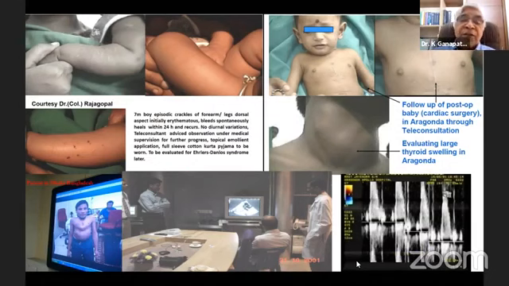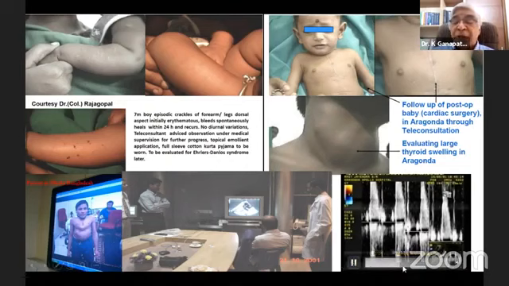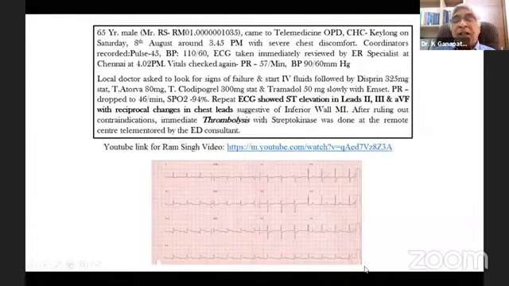And you can see from the village of Aragonda, a trained technician transmitted a pediatric echocardiogram. I'm talking of 2001. Dr. Prem Shekhar had done more than 150 pediatric echocardiograms, which he was able to evaluate from Madras. So this is the power of telemedicine. There's almost nothing you cannot do with telemedicine.